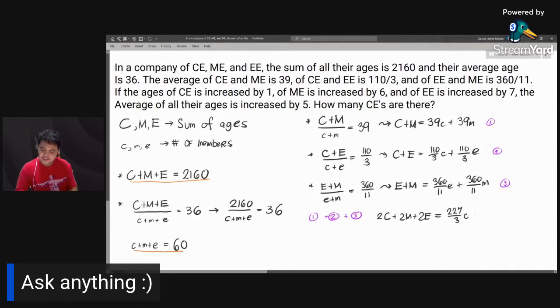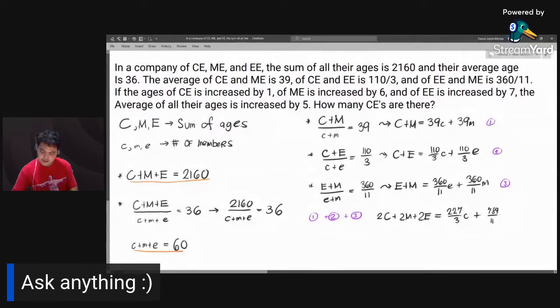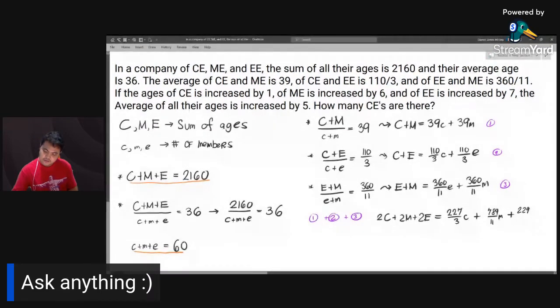Plus, yung sa M naman, we have 39 plus 360 over 11. Lang. Baka mamaya mali pa tayo eh. 789 over 11 M. Okay, feeling ko may mali. Sige. Tapos sa E, 110 over 3 plus 360 over 11. So, 2290 over 33 E.